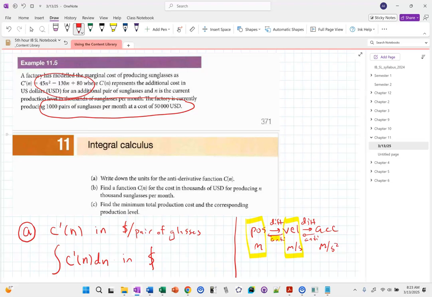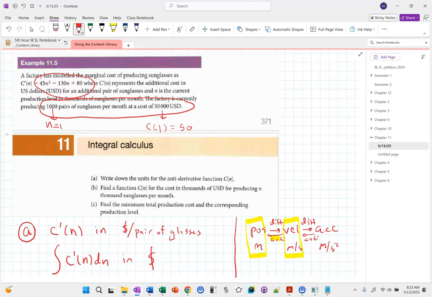So 1,000 pairs means that N is equal to 1, because remember, N is measured in thousands of sunglasses. And 50,000 tells us that C of 1 is equal to 50, because remember, we said that C of N was measured in thousands of US dollars.